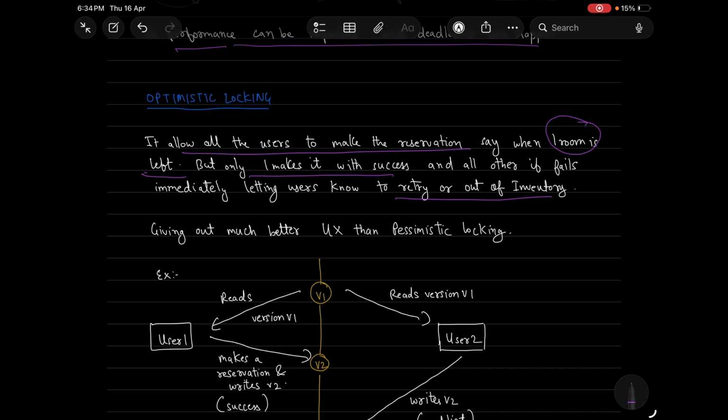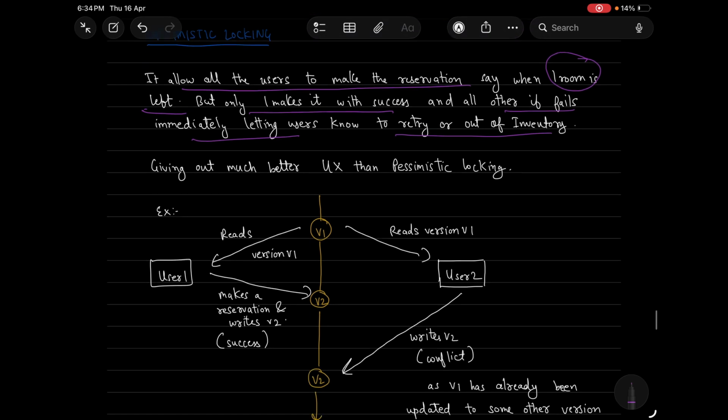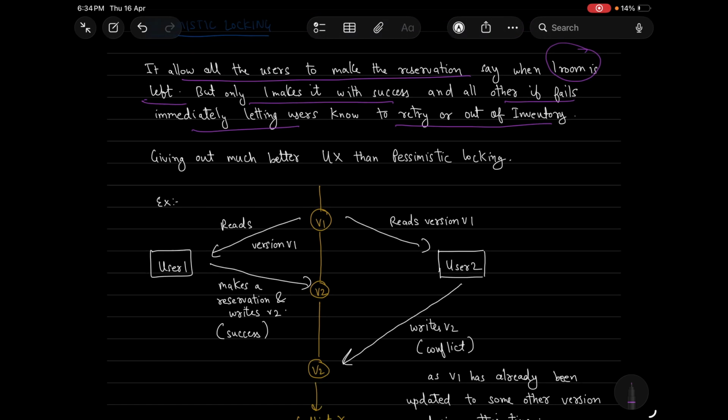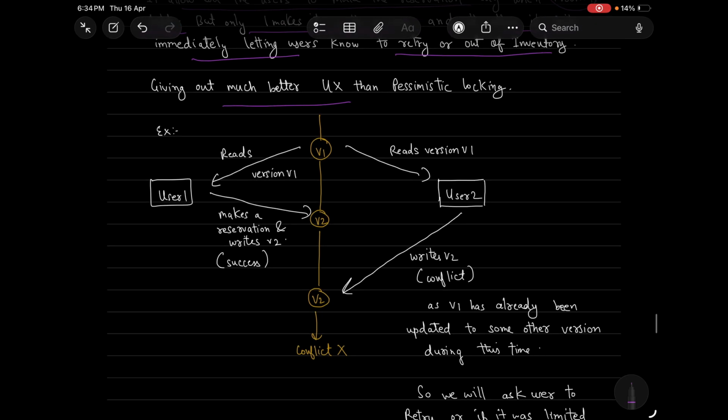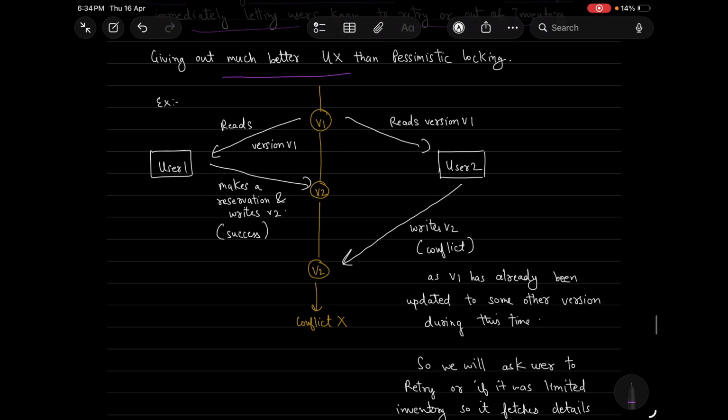So only one goes through and the others immediately fail and give back a response to the user that they are now out of inventory for that hotel ID and that specific room type on that given date, which they earlier read as one room available, and maybe ask users to retry, giving a much better UX than pessimistic locking. UX is user experience. Let's see it from a diagram. Let's say we have two users.